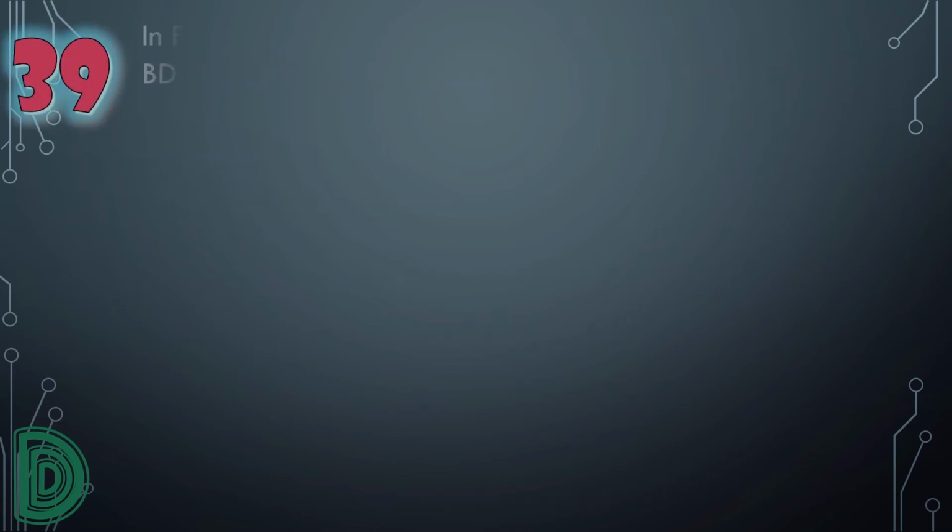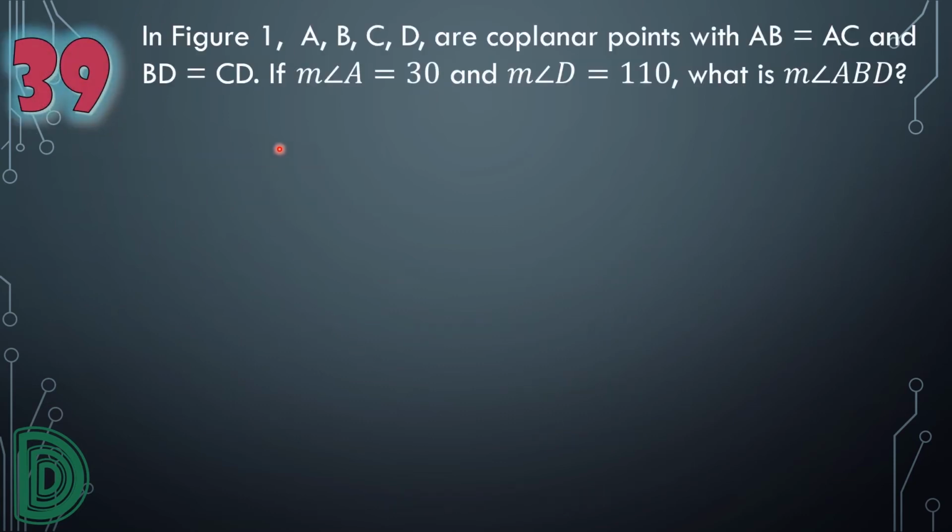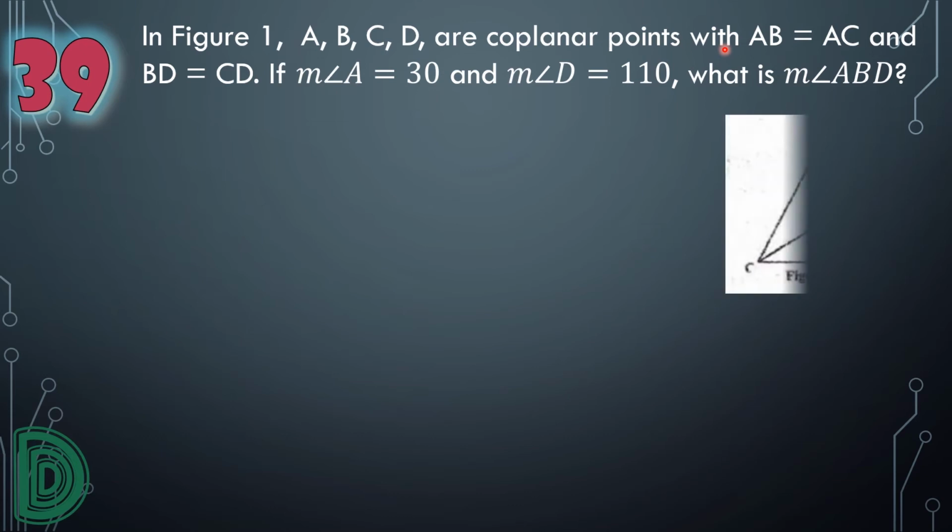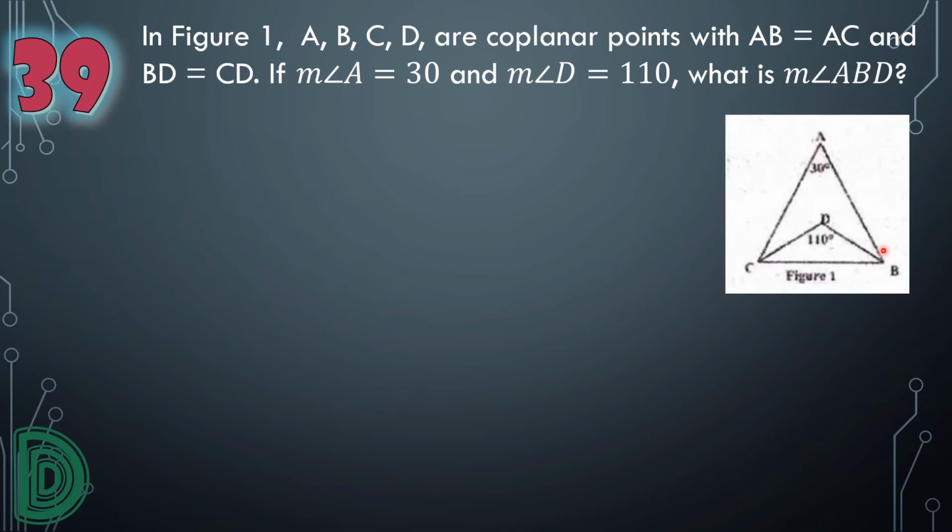Number 39. In the figure, A, B, C, D are coplanar points with AB equals AC, and BD equals CD. If the measure of angle A equals 30 and the measure of angle D equals 110, what is the measure of angle ABD?